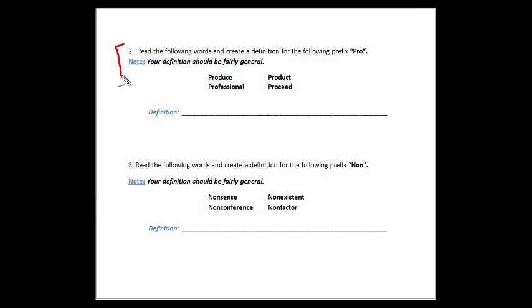Answers for problem numbers 2 and 3. Read the following words and create a loose definition for the prefix pro. The 4 words given here are produce, product, professional, and proceed. If you look over here, produce, duce is to make something, and pro is going to be positive. Using the good stinky rule here, positively create something.